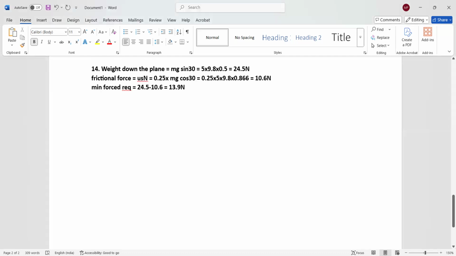So there are two blocks, P and Q. So question A. A is equal to F by total mass, which is equal to 10 by 5. That is 2.